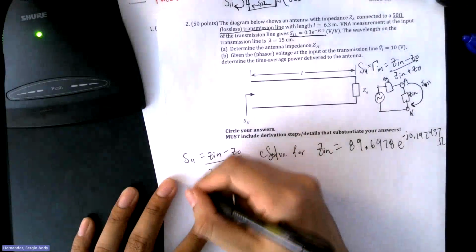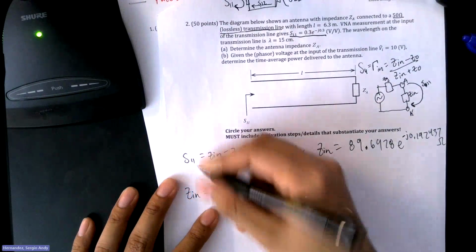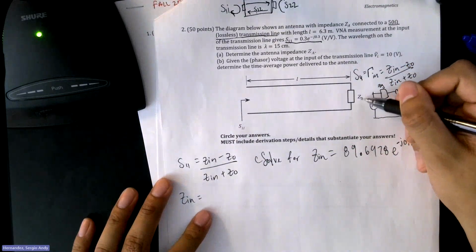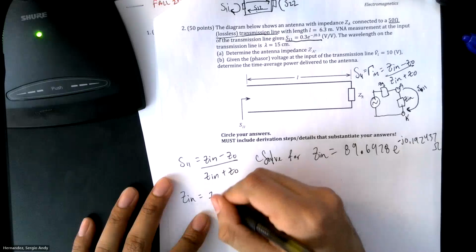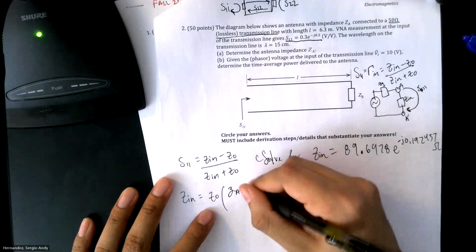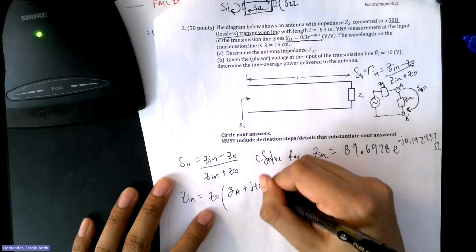And from here, you just plug it into the normal ZN equation, which in this case is ZA, right? Impedance of the antenna. Should be normalized. That's j tangent.